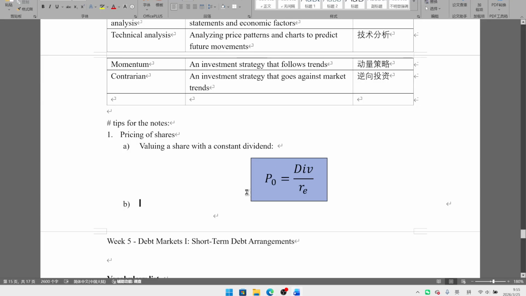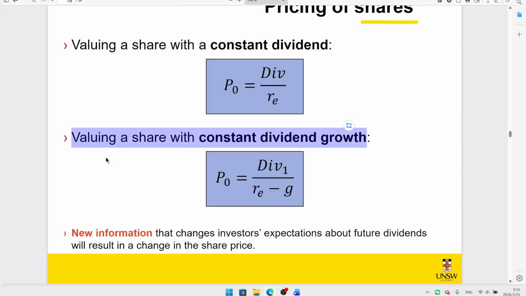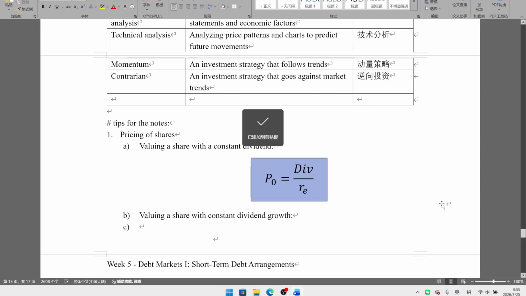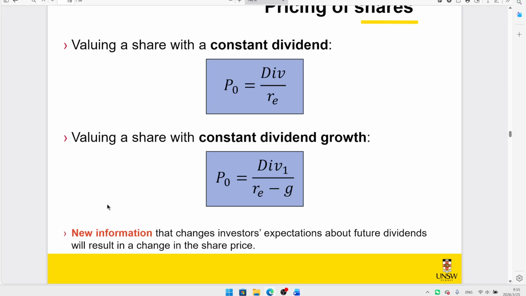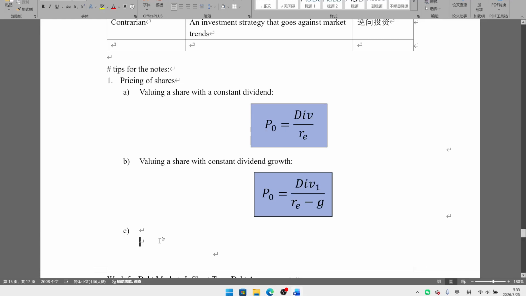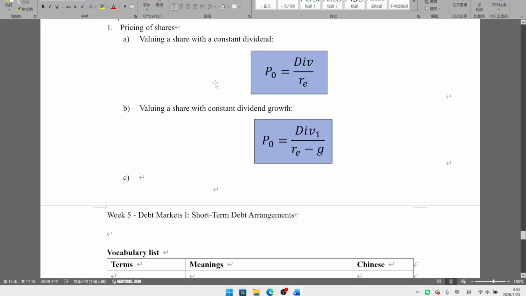With constant growth, if there is growth, what happens? Okay, let's go. That seems to be the easiest calculation method. Price of shares.